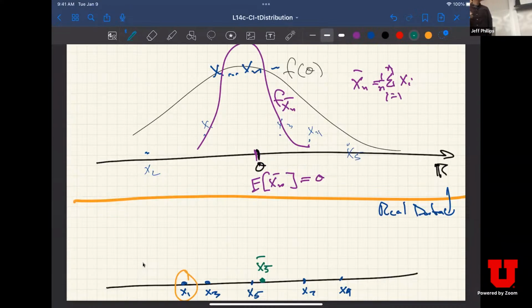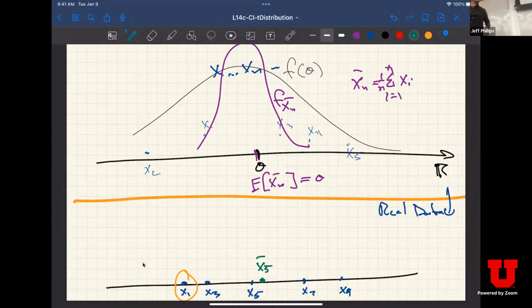So I can say the probability distribution of where theta is, I know that there was this purple distribution around theta, and the probability of where X5 bar was drawn from is from that purple distribution.